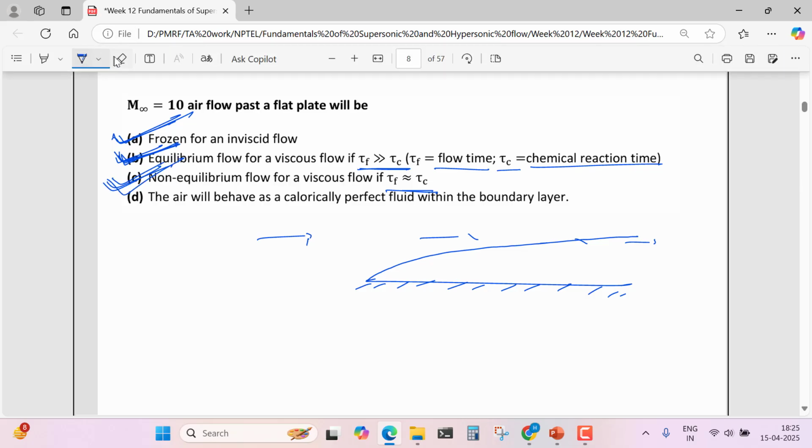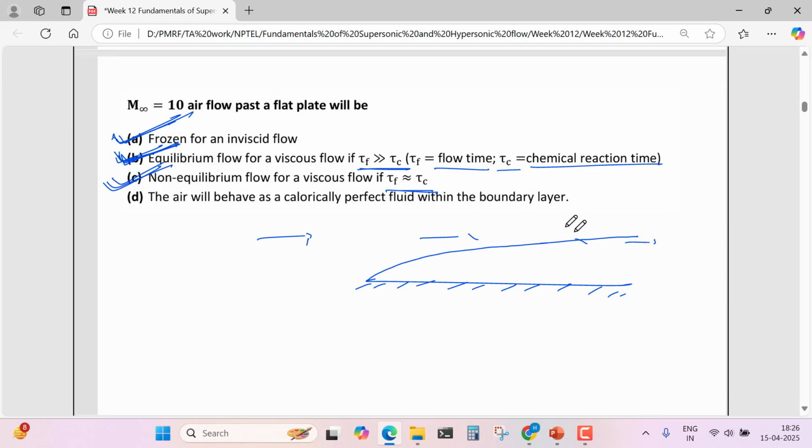And if you see option D, it says the air will behave as a calorically perfect flow within the boundary layer. This is wrong, because for Mach number 10, inside the boundary layer, the kinetic energy will be changed to thermal energy.